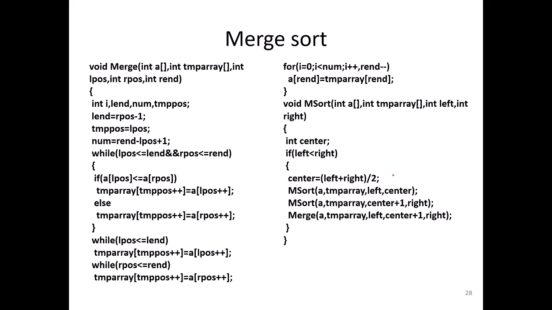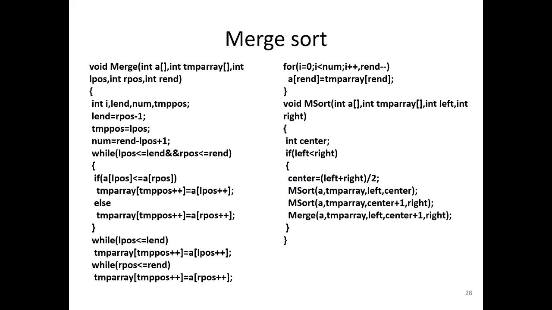So from 0 to 3 one subarray is formed, and from 4 to 7 another subarray is formed. In the first msort call, the array, temporary array, 0 and 3 will be passed. In the second msort call, the array, temporary array, 4 and 7 will be passed.